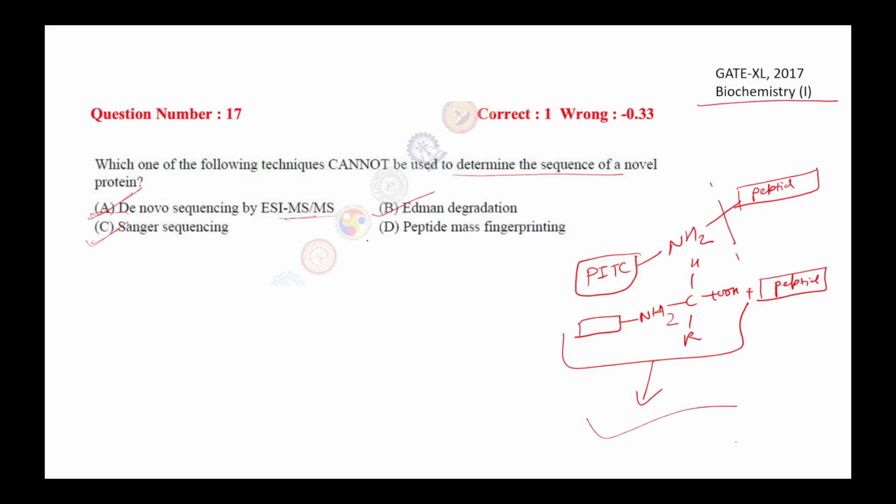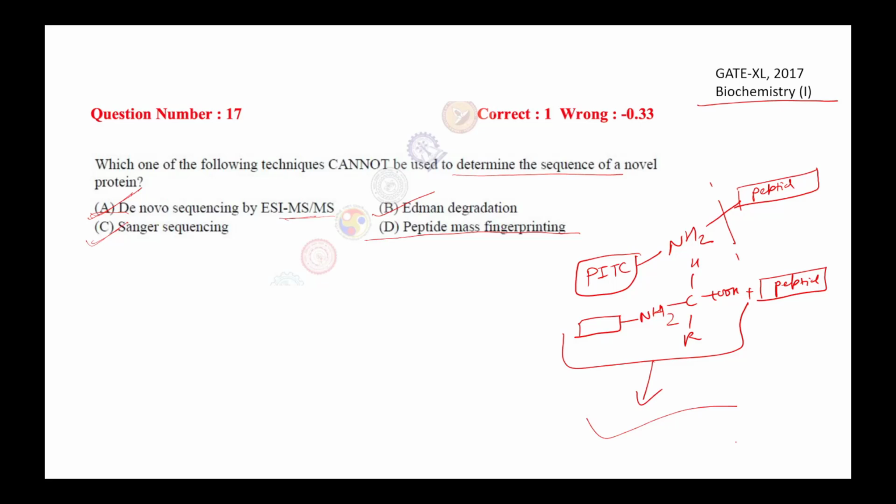And the fourth option here is the peptide mass fingerprinting. So peptide mass fingerprinting is done when a very large protein is present, and using peptide mass fingerprinting, the protein is cleaved into smaller peptide fragments that can be further analyzed by sequencing.